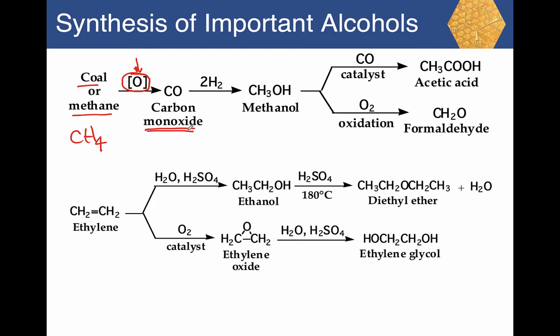If carbon monoxide reacts with hydrogen, we can get methanol. Of course, as you know, methanol is a very important compound and used as a fuel. Methanol can further react with carbon monoxide in the presence of a catalyst to give acetic acid.